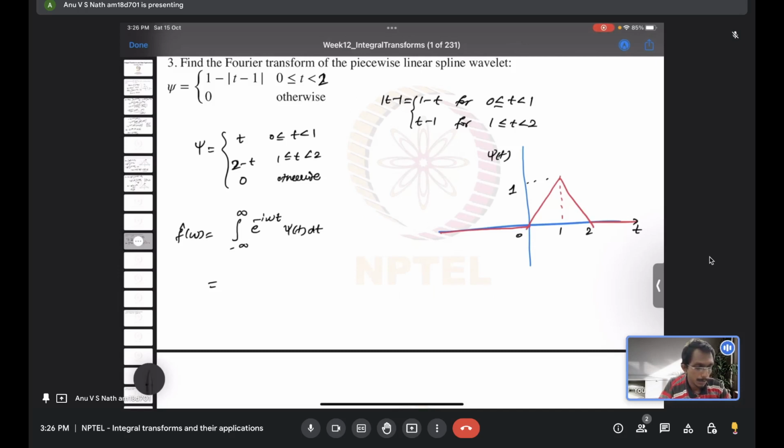Psi of t has two function definitions in the limits 0 to 1 and 1 to 2, and 0 everywhere else. So basically we have to integrate from 0 to 1 with t and e raised to minus i omega t, then 1 to 2 it's 2 minus t, then e raised to minus i omega t dt. That's all, and 0 everywhere else.